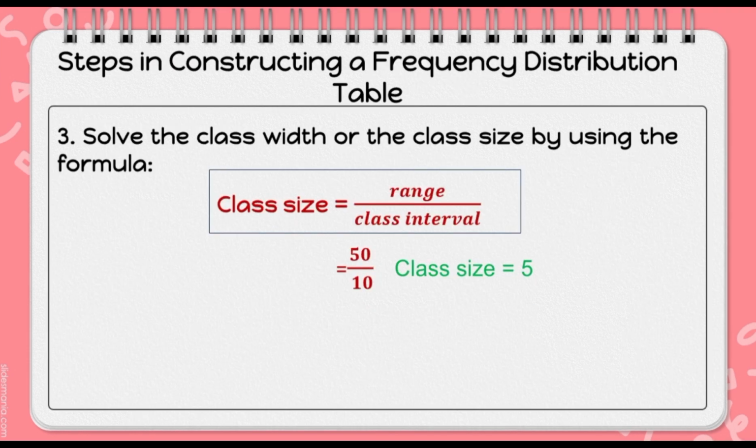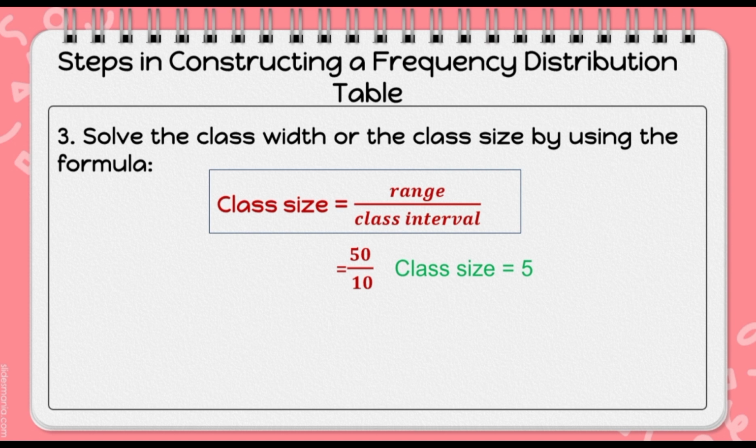Alright, for our third step, we solve the class width or the class size by using a formula. Class size is equal to the range divided by the class interval.